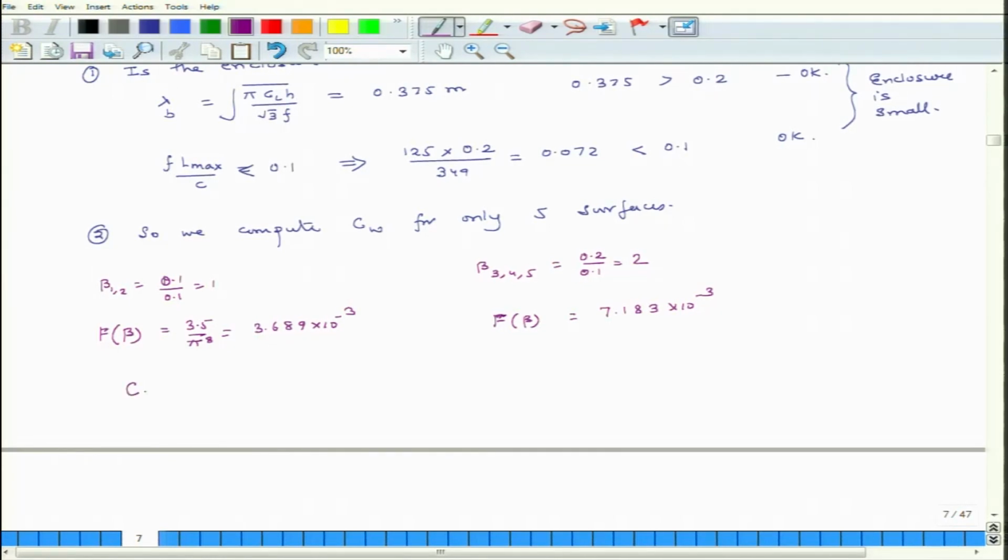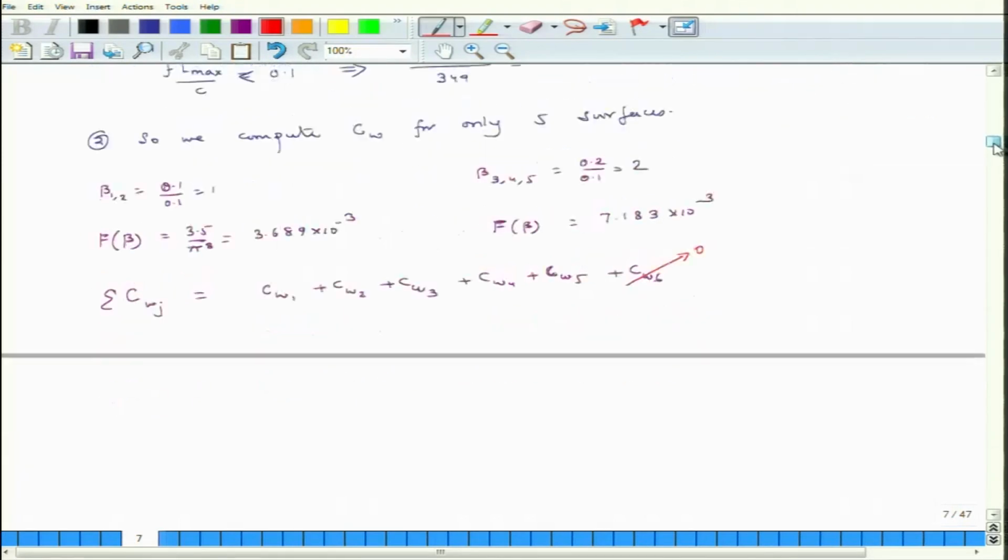So, what is this J? So, this is equal to CW1 plus CW2 plus CW3 plus CW4 plus CW5 and CW6 is 0, right? CW6 is 0. So, we are not going to worry about it.